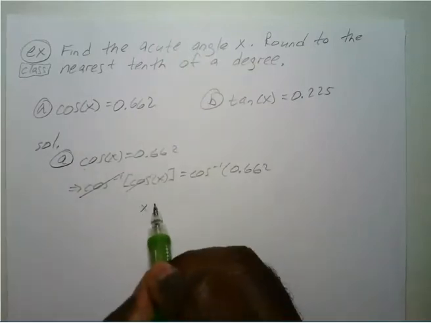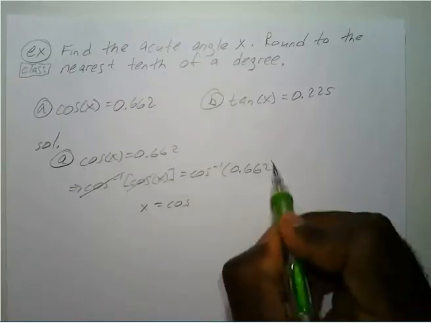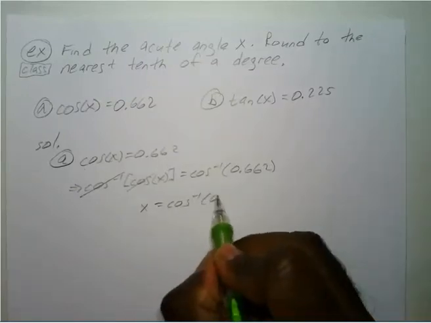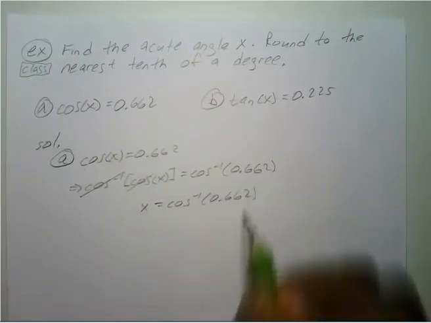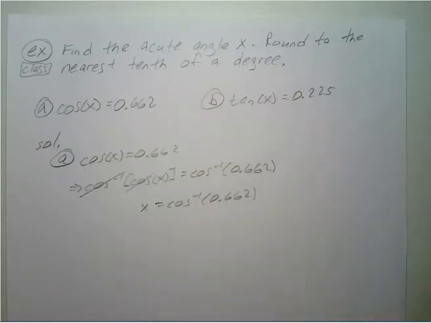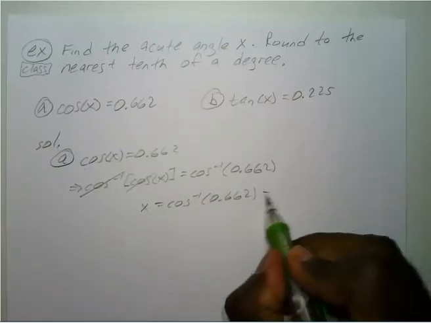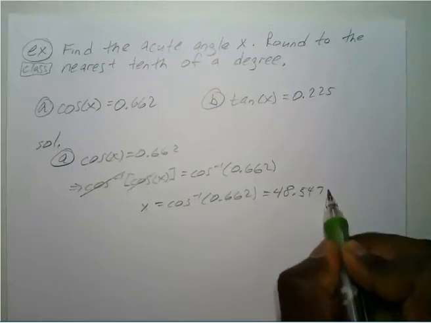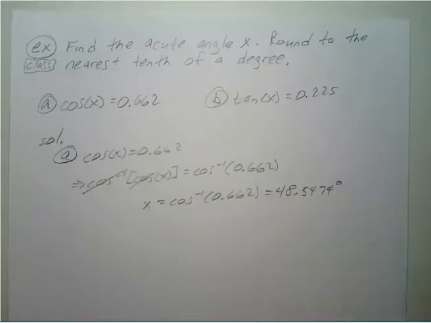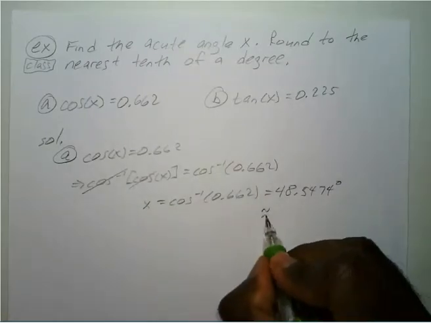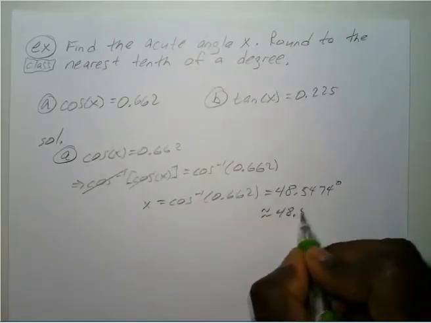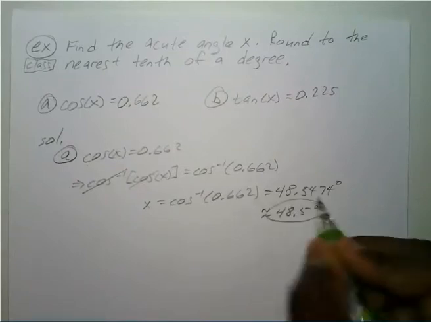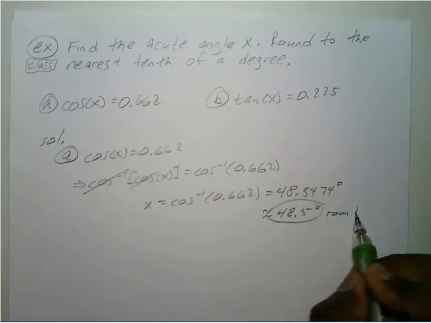So you have x equals cosine inverse of 0.662. Plug that into your calculator and you should get 48.5474 degrees. And round that to the nearest tenth, it's 48.5 degrees.